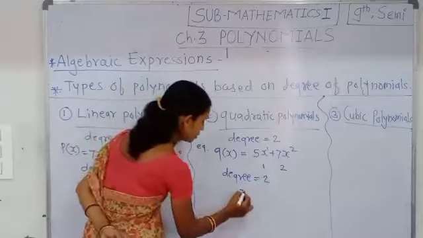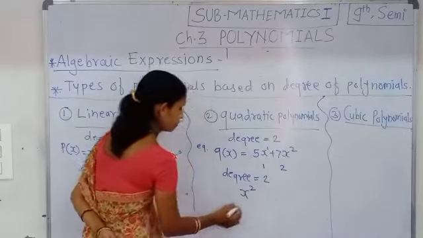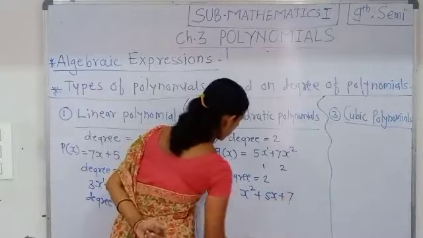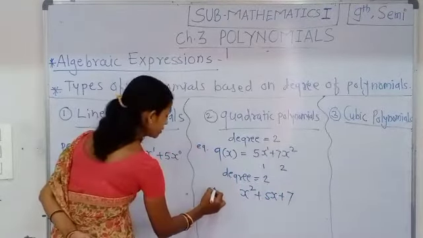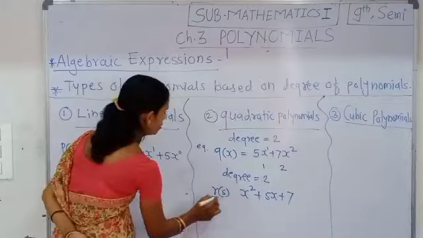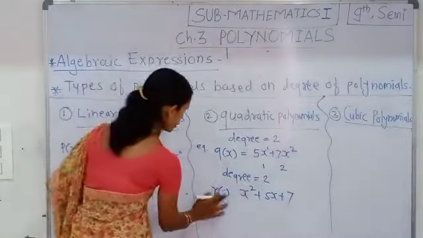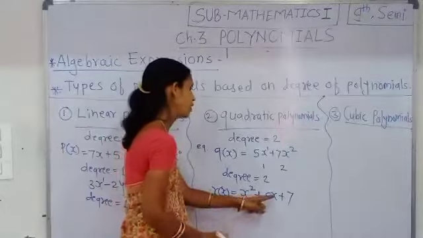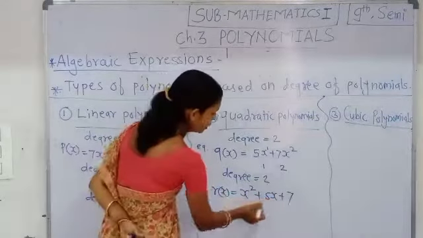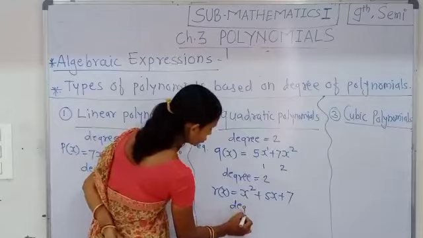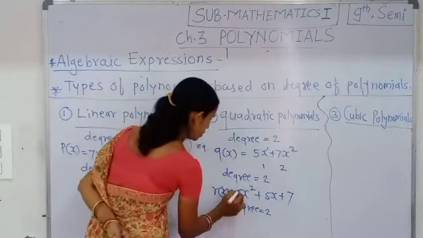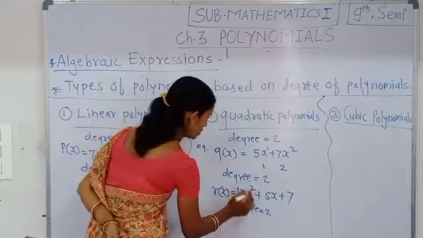As well as here, x square plus 5x plus 7. Let this polynomial be r(x), that is x square plus 5x plus 7. Here the degree of this polynomial is also 2, because the first term x square is there.